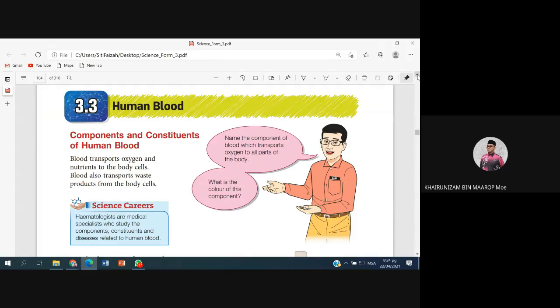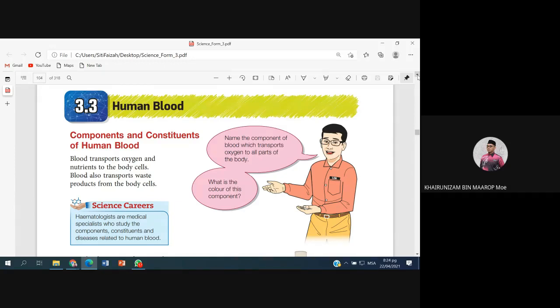Okay, actually, what is the blood? What's blood? What is blood? So blood is connective tissues found in humans and all vertebrate animals. Only human and all vertebrates. Vertebrates animal has blood.